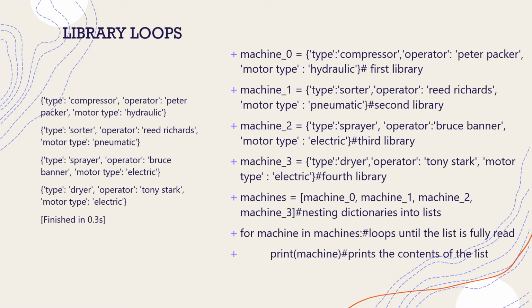This one was simply to get a loop to go through the library and print out all the information that's within the library. That's why we have 4 different libraries on the other side. We use a for loop for that, and it'll loop until the library list is empty.